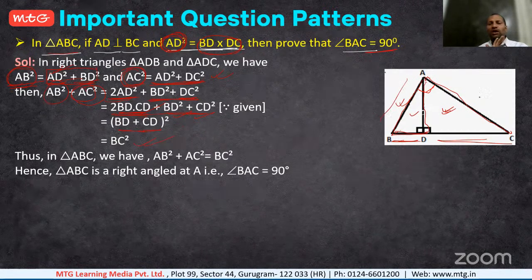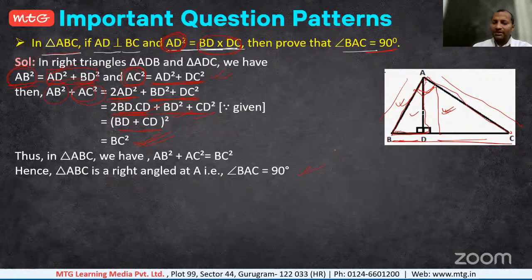So now AB square plus AC square becomes BC square, where BC will be the hypotenuse, and the angle opposite the hypotenuse is always a right angle, 90 degrees. So that's why angle BAC is 90 degrees. In that way, we can prove. If anyone has any problem, please let me know.